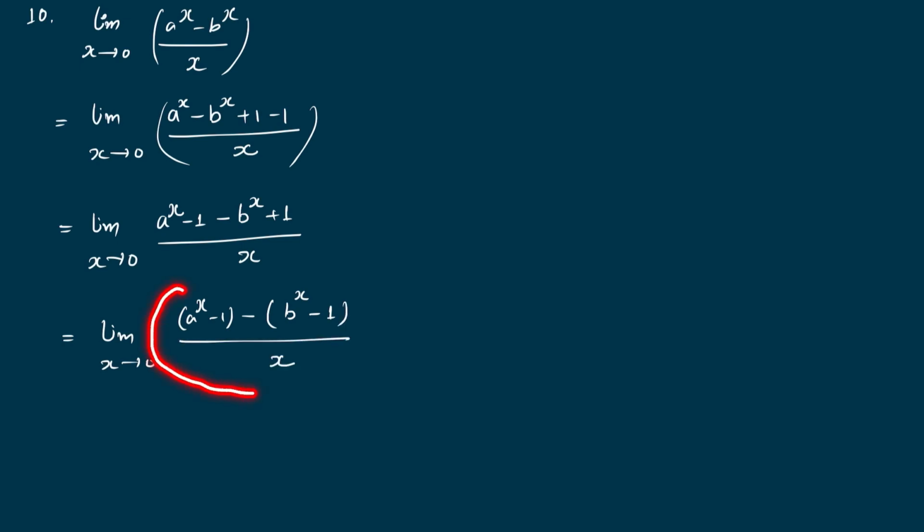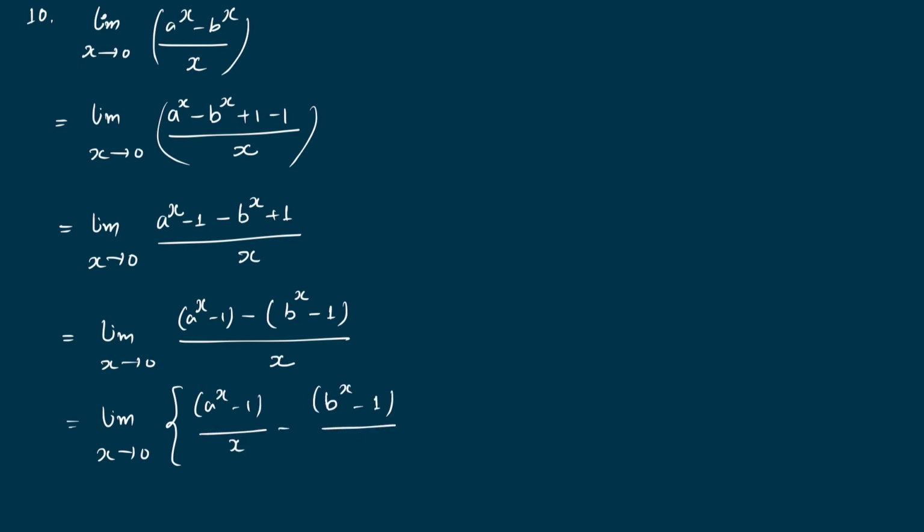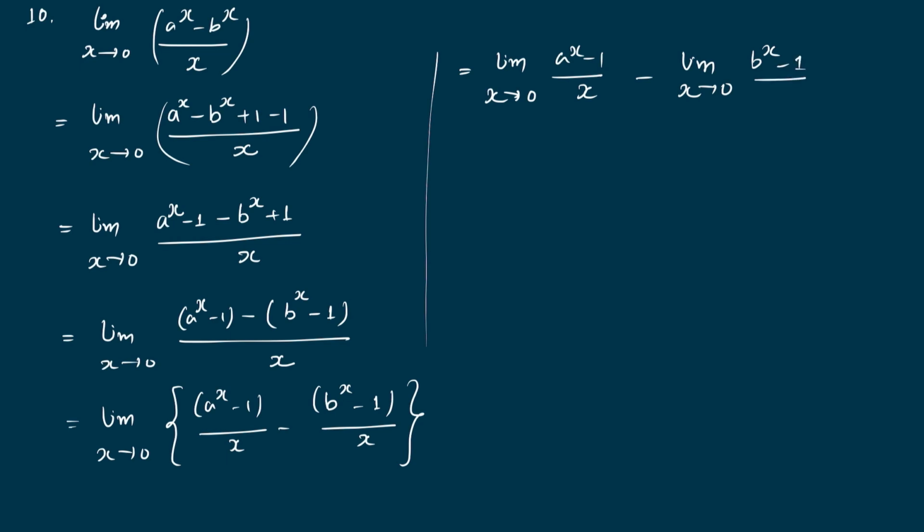Try to distribute the fraction with this portion and this portion. So it will be equal to limit x tends to 0 of (a to the power x minus 1) by x minus (b to the power x minus 1) by x. And as you know, we can distribute the limit to individual terms, so we can write this as limit x tends to 0 of (a to the power x minus 1) by x minus limit x tends to 0 of (b to the power x minus 1) by x.